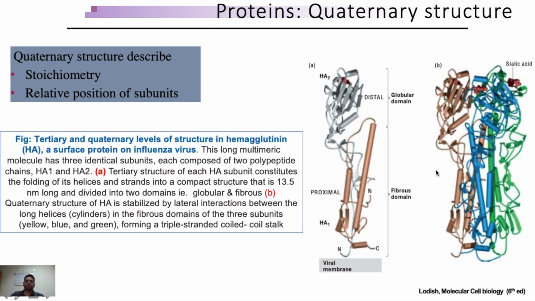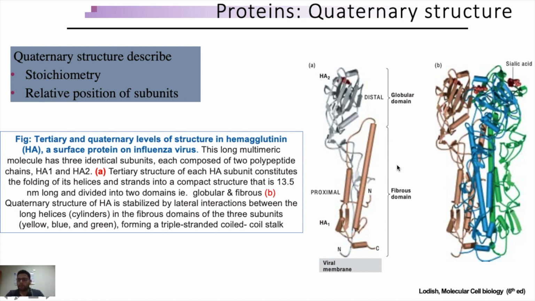This long multimeric molecule has three identical subunits. Each of these three identical subunits contains two polypeptide chains called HA1 and HA2.